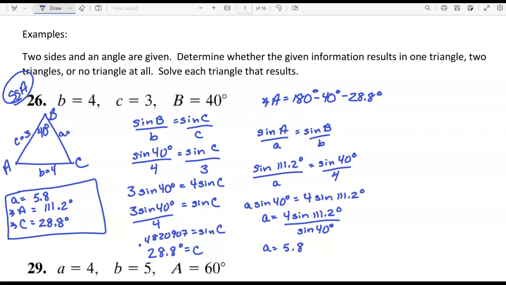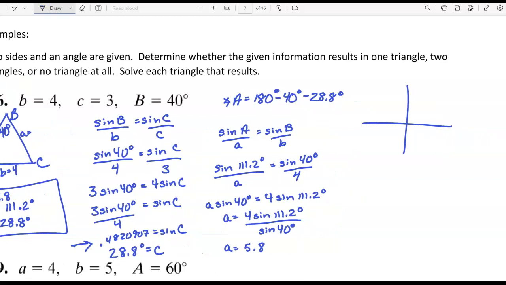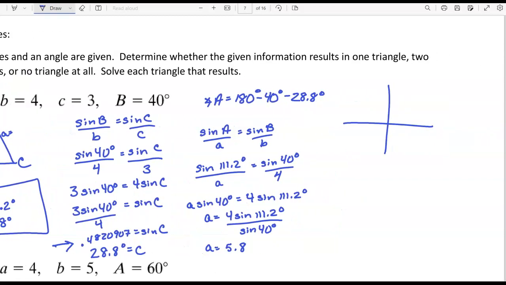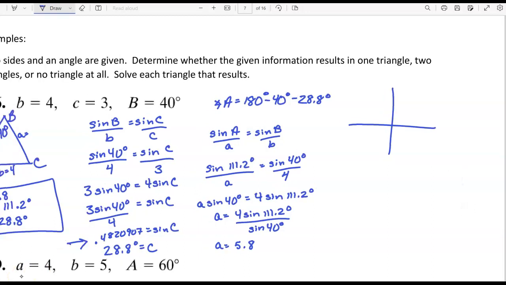All right. So this one is different because in this step here, we had to take the inverse sine of both sides. But you've got to be careful when we take inverse sine, right? Because inverse sine is going to give us a positive value here in that first quadrant, but we know sine's also positive in the second quadrant.